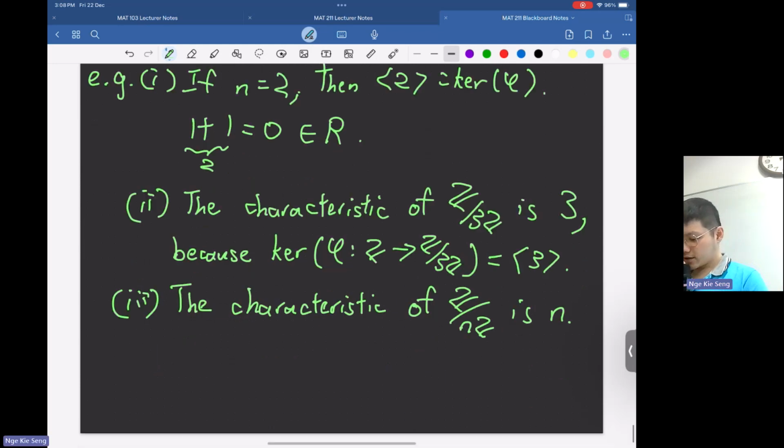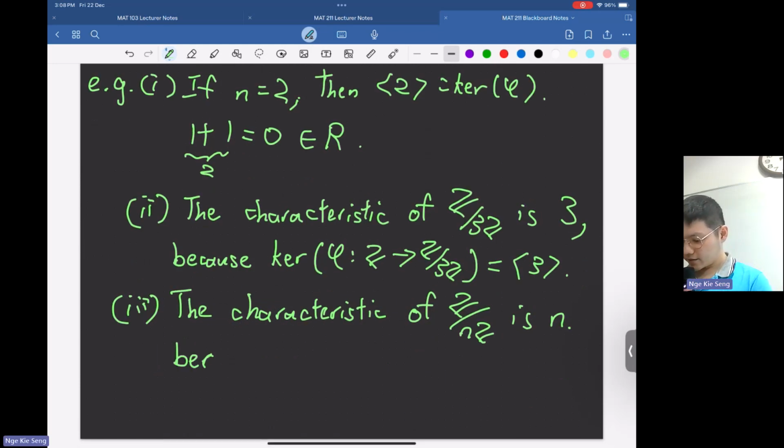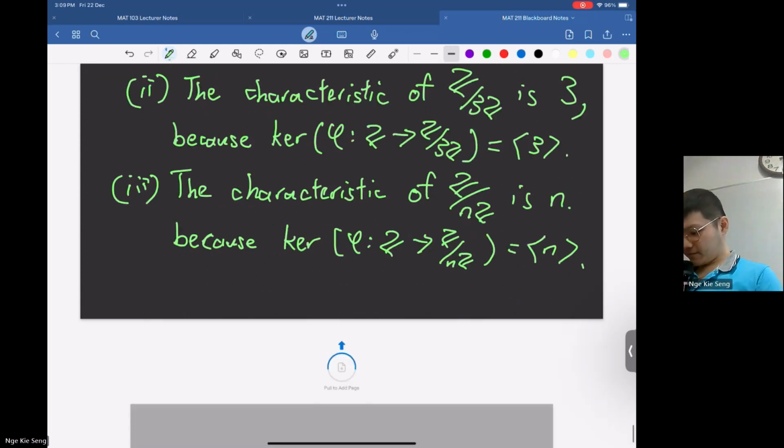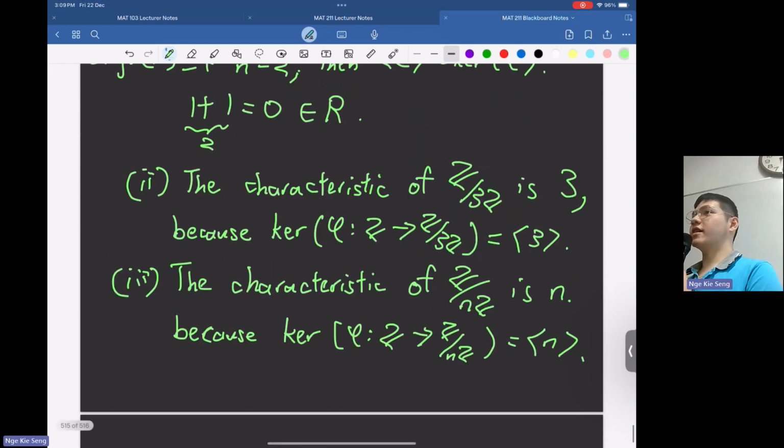Similarly, for Z mod nZ, the kernel of the map from Z to the ring is generated by n. This is a terminology we might use later. Any questions about the characteristic of a ring?